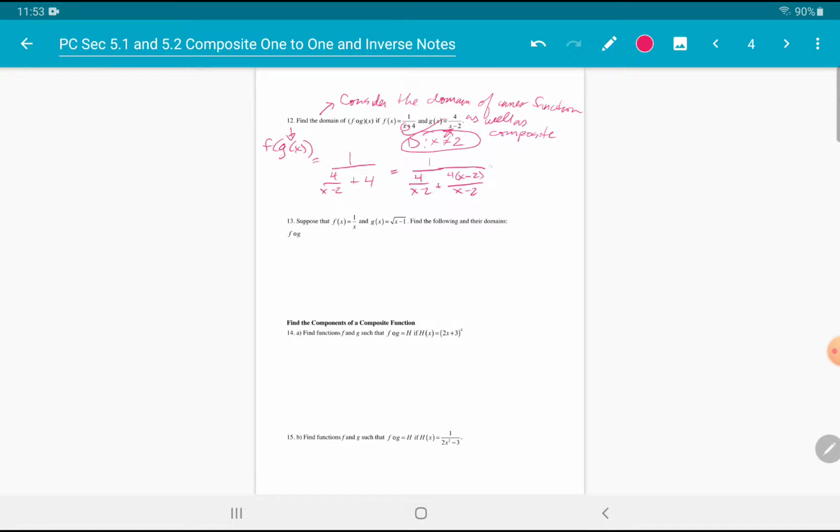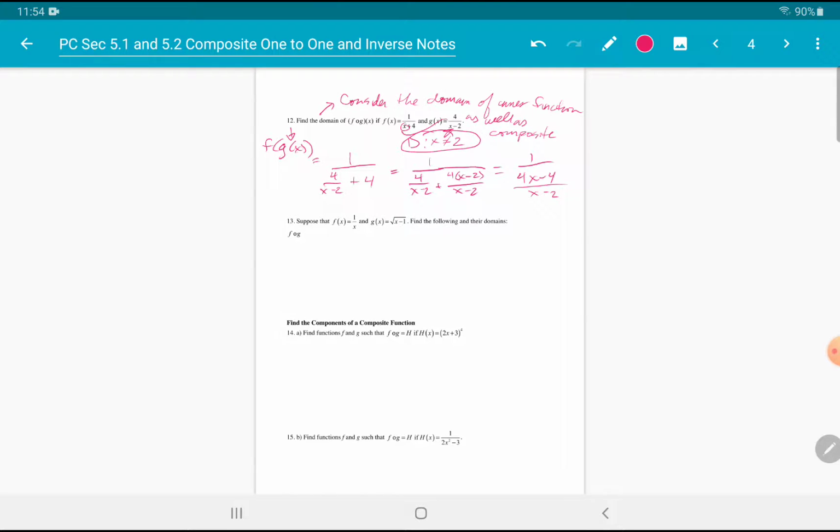Since we do have common denominators, we can simplify that. So we're going to end up getting 4 plus 4x minus 8 all over x minus 2, or I am running out of space, so I'm just going to turn this into 4x minus 4. So 1 over 4x minus 4, like that.